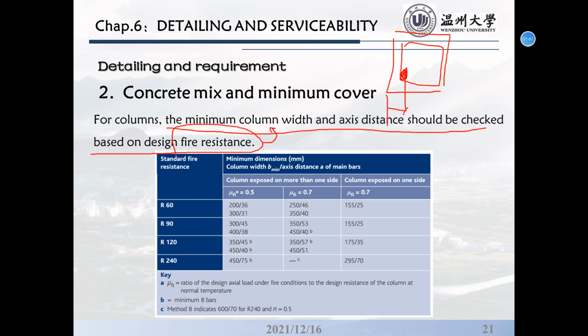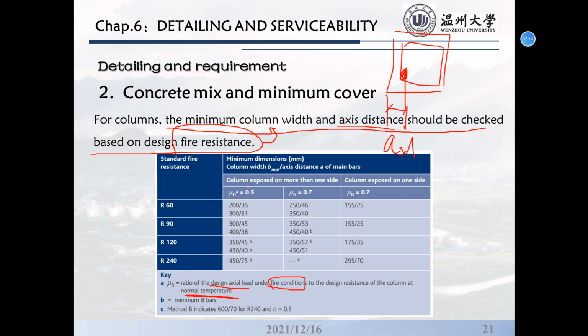This distance, AST, the axial distance should be checked. For UFI, that means the design axial load under the fire condition and the design resistance of the columns at normal temperature.